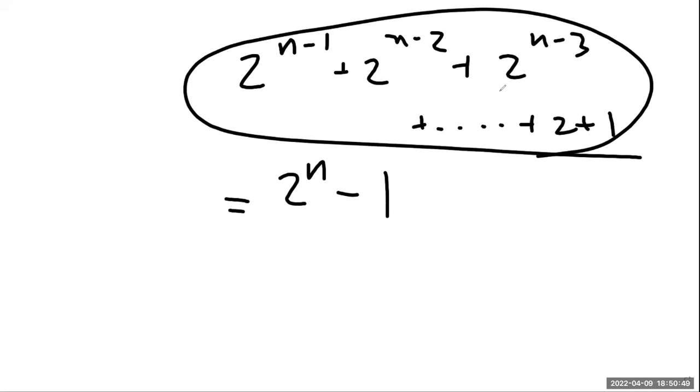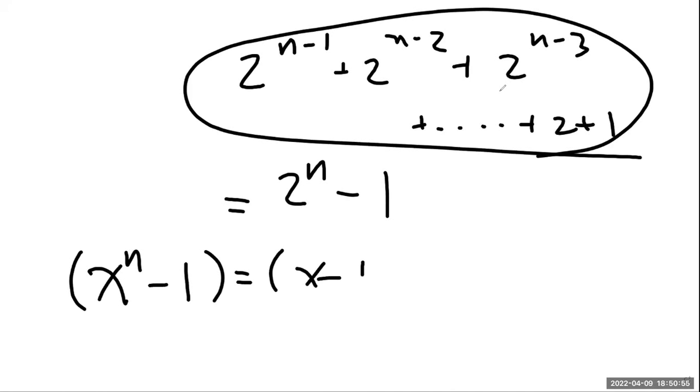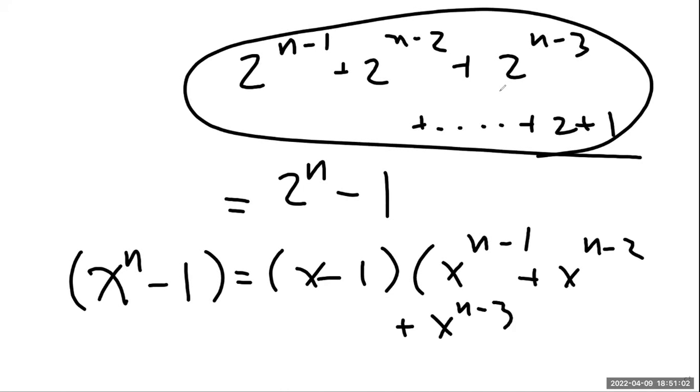How to prove this one? You would have S n minus 1 equals S n minus 1 plus S n minus 2 plus S n minus 3 plus blah, blah, blah, plus S plus 1. Is that okay for this one?